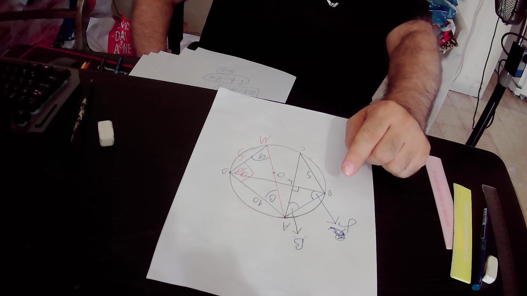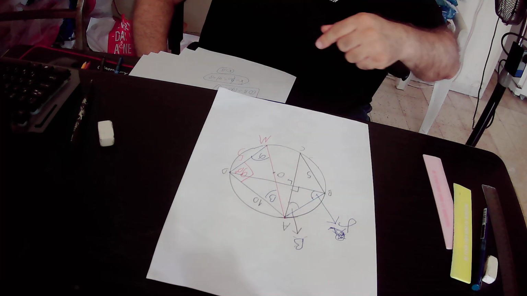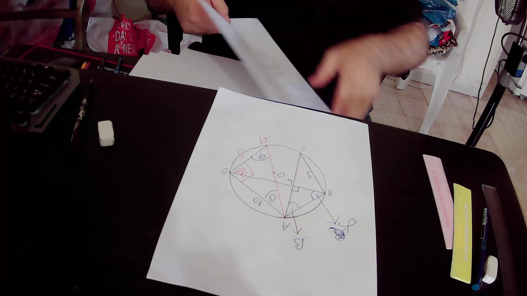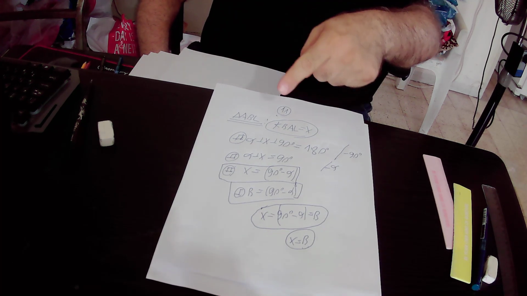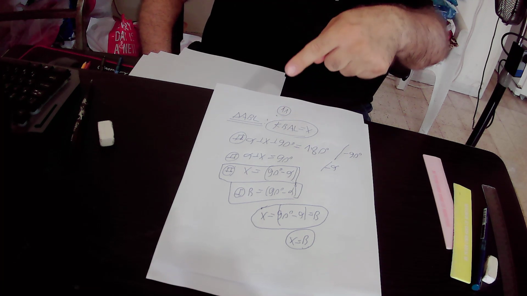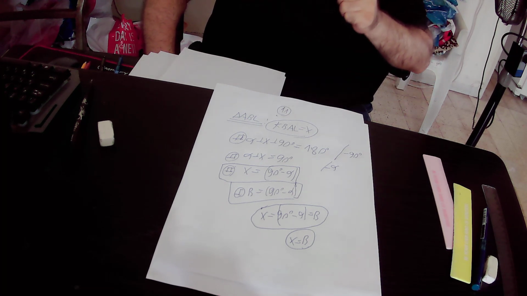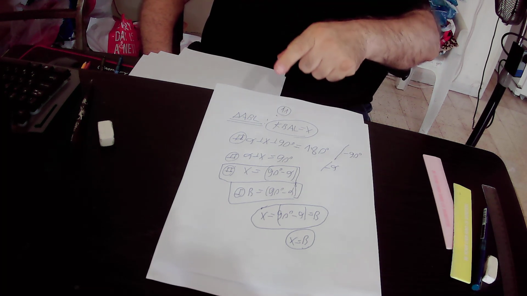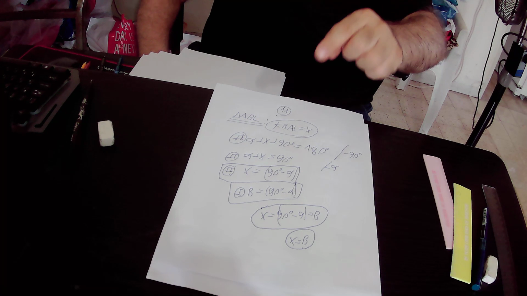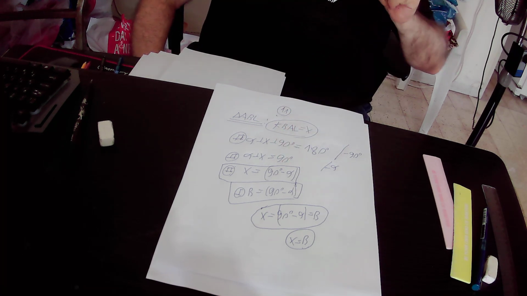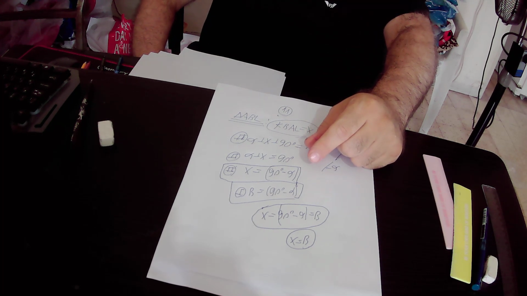So alpha plus x plus 90 degrees equals 180 degrees, and this is our second equation. From the second equation we got that x equals 90 degrees minus alpha, but we know from the first equation that beta also equals 90 degrees minus alpha. So we can integrate equation number 1 and 2 together.